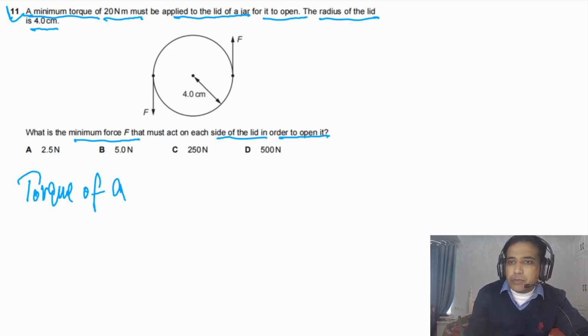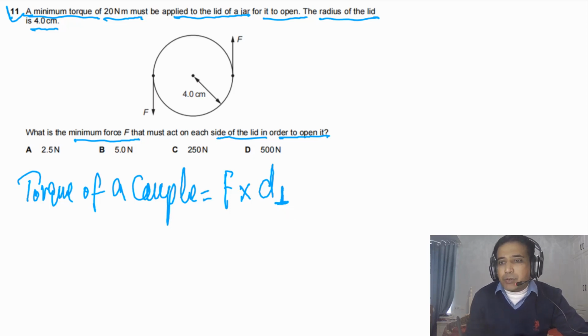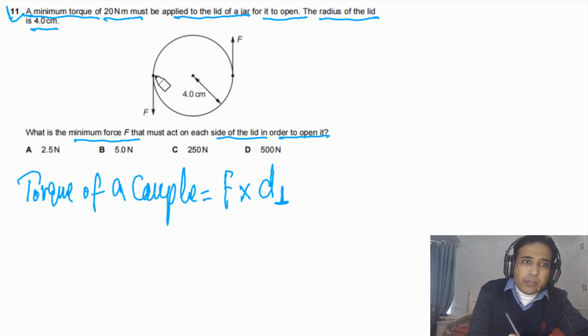So we can write down this couple in a better way. Torque of a couple is equal to the product of one force times the perpendicular distance between forces. If you look at the given figure, we can draw this horizontal line here.